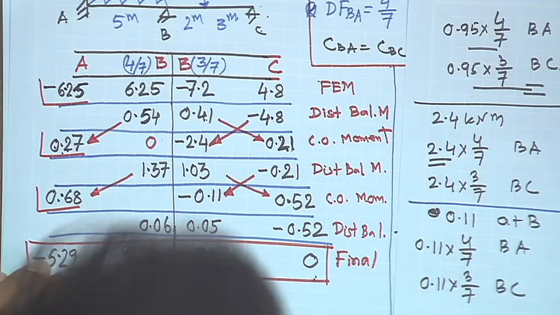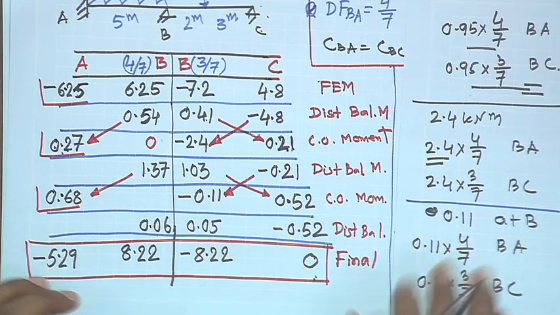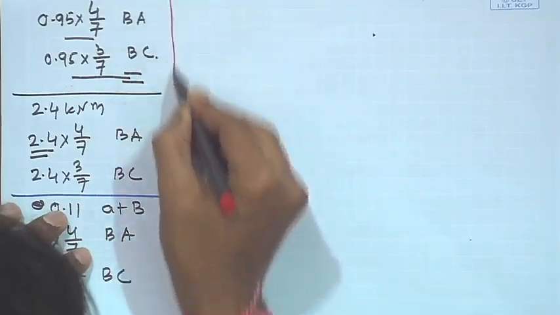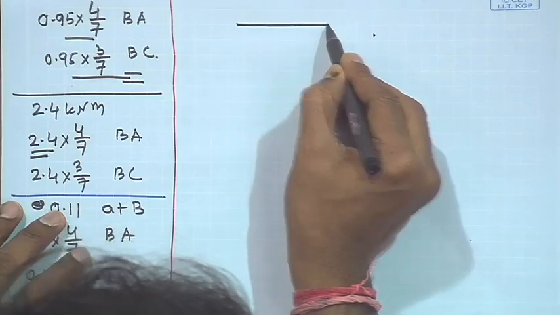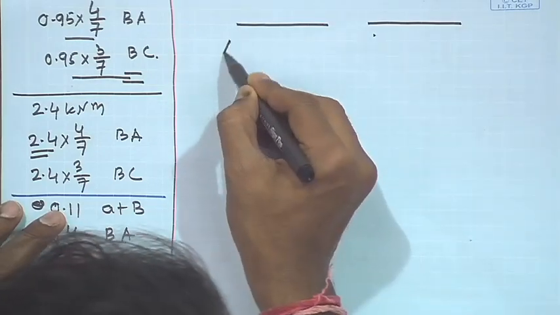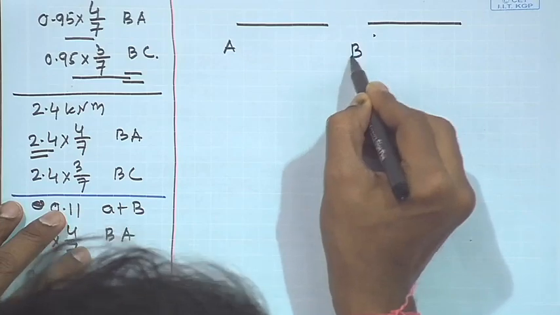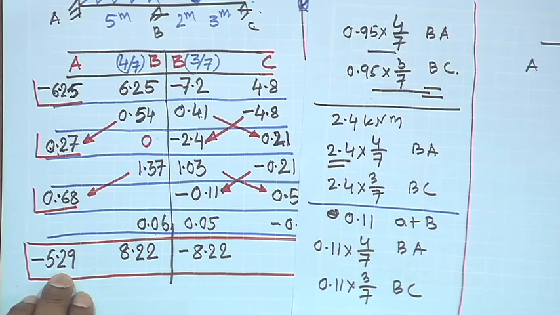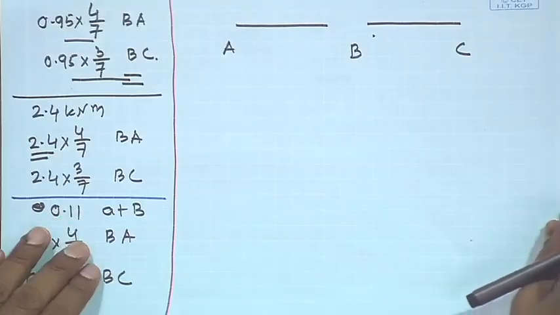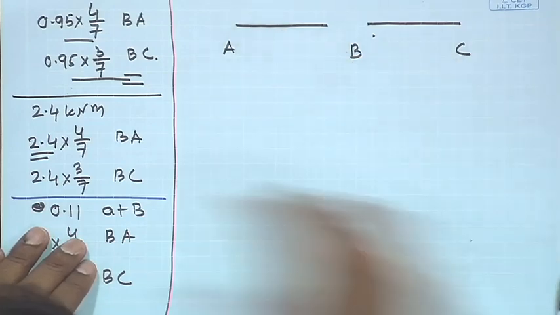So, now what do we have? Now, if we draw this in this structure, this is A, this is B, and this is C. At point A, the moment is minus 5.29, minus means it is anti-clockwise.